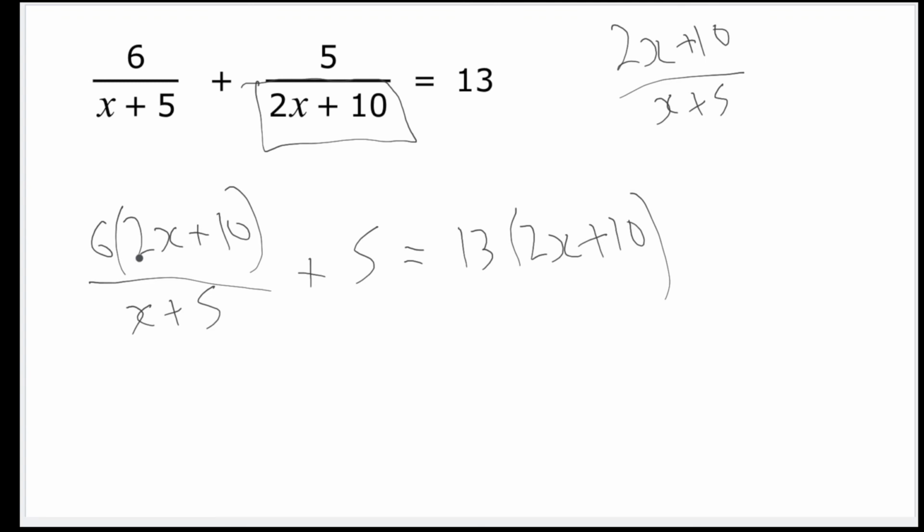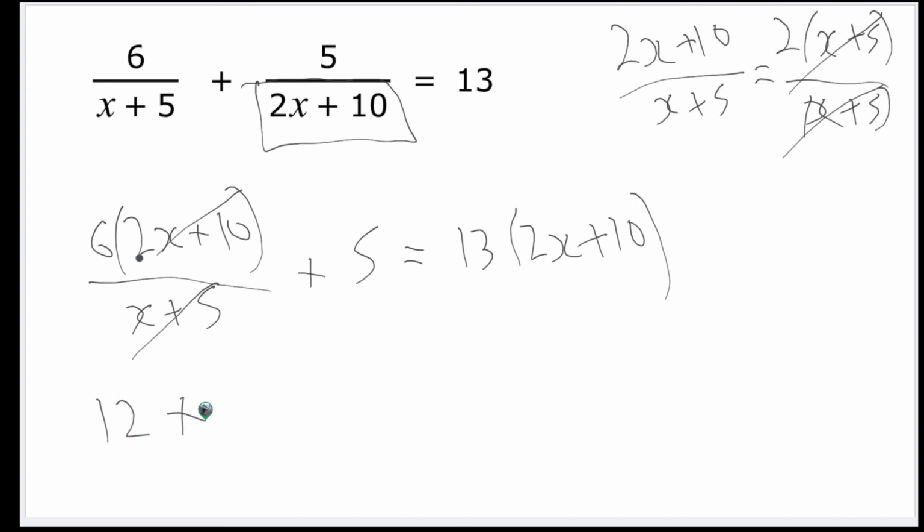Now, we can take 2 out, so we factorize the top, and the x plus 5's cancel. So this and this cancel. So it actually only just gives me 12 plus 5. And the x is all on the right hand side.